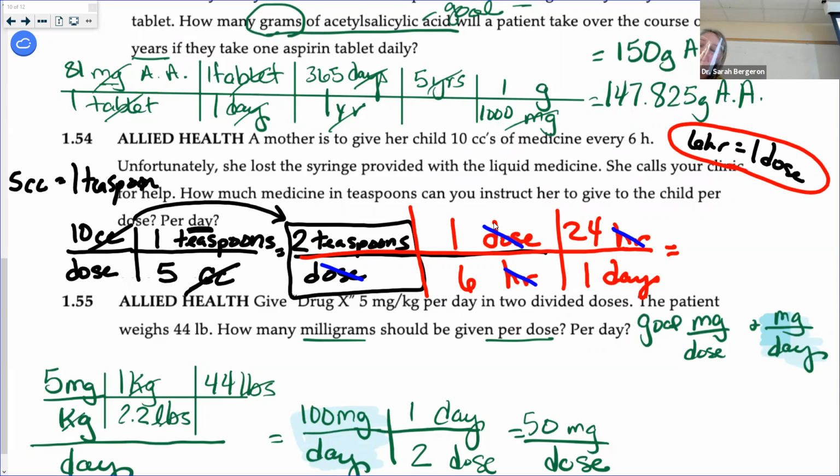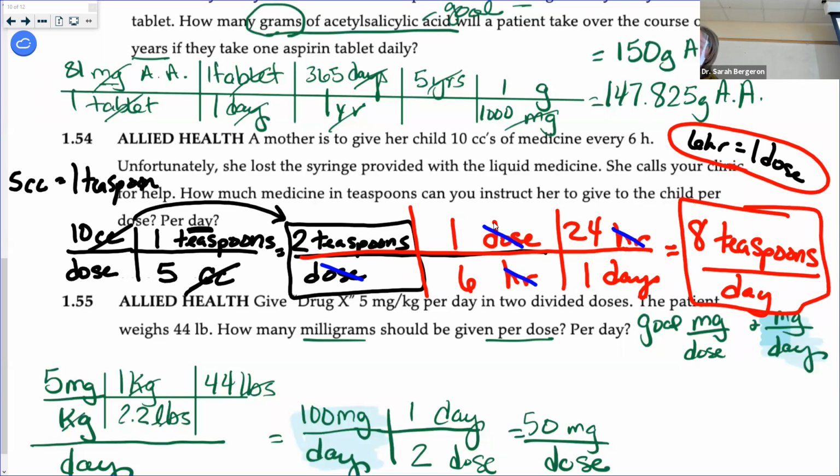So you have to do 2 times 24, get an answer, and then divide that by 6. So what do you get? 8 teaspoons per day. I'm going to box it in. Good.